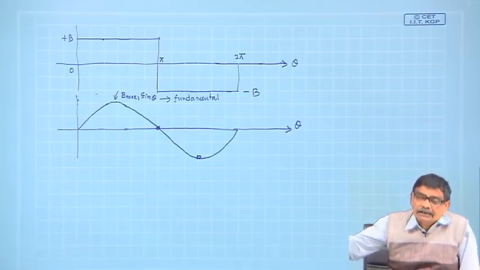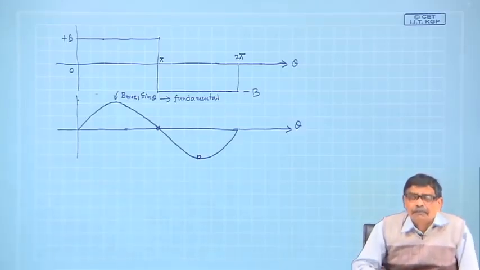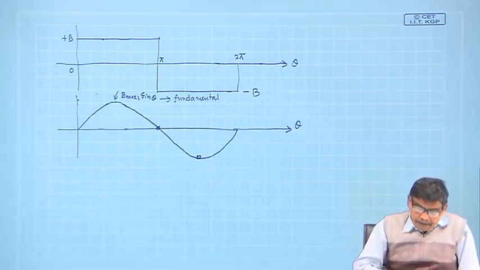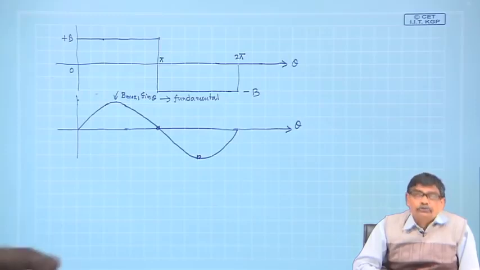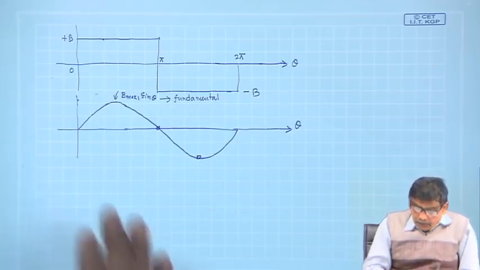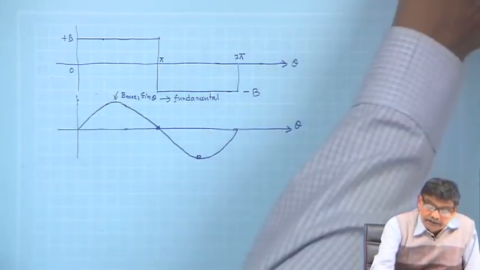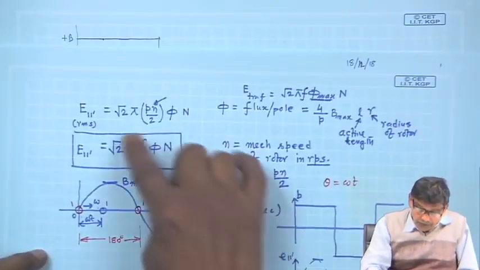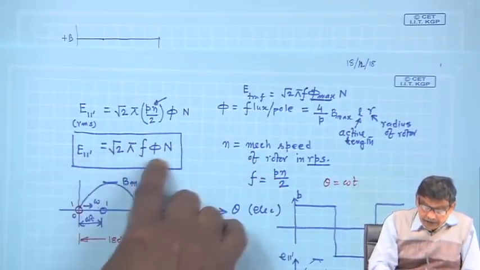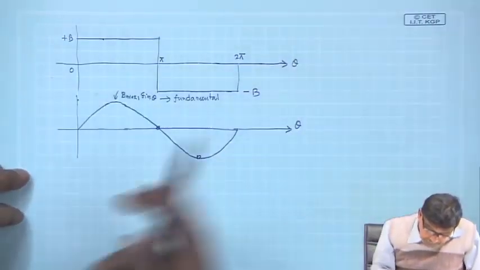No point in taking the 13th harmonic component to calculate the voltage, because they will become negligibly small. Those who have done Fourier analysis know that higher order components' amplitude will go on decreasing. But once you break it up into sinusoidal distribution, each of the components, then you will be able to apply these formulas. Why not? Because this is valid for a sinusoidal thing. So, this is the thing.